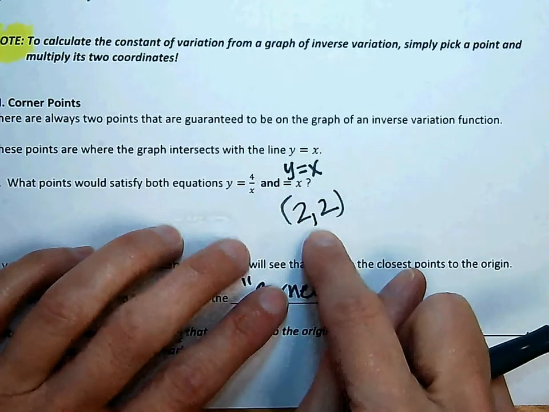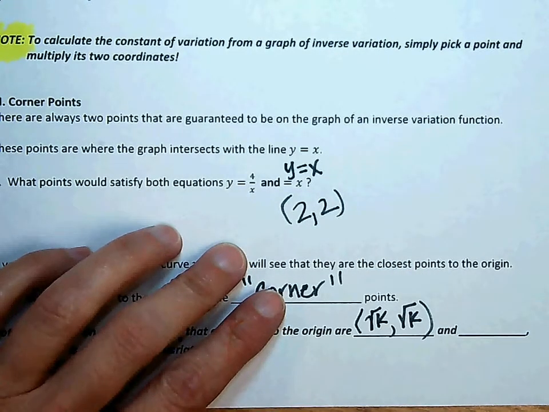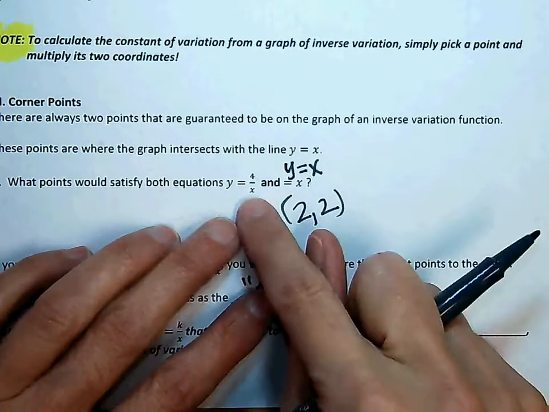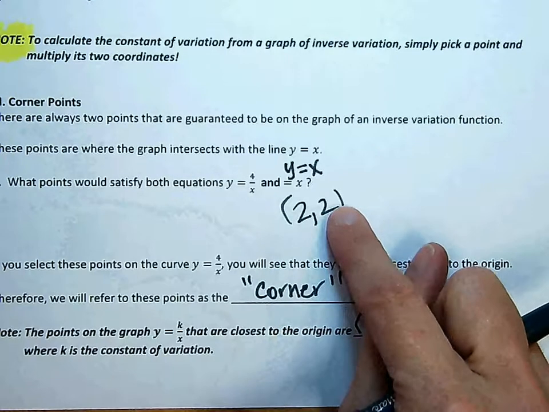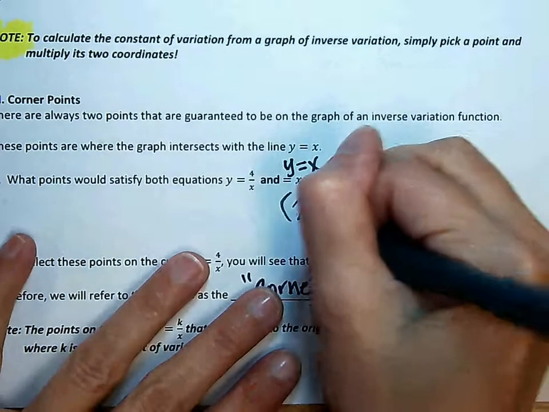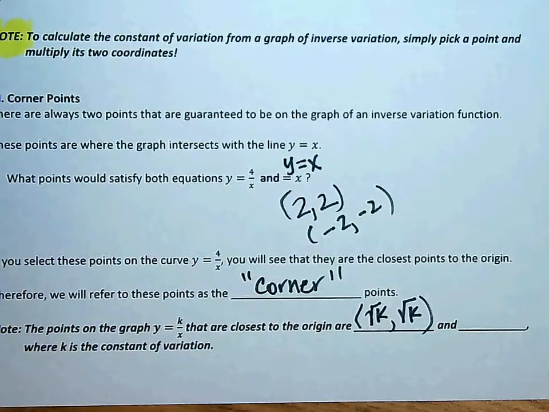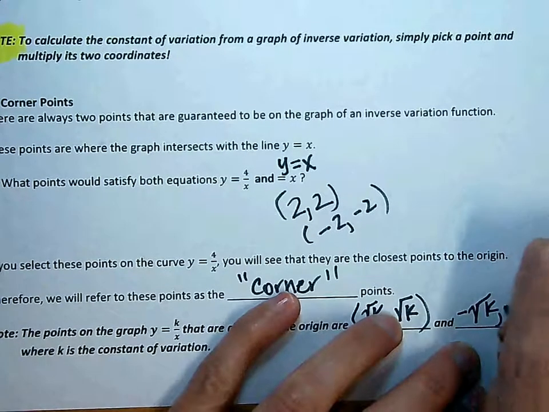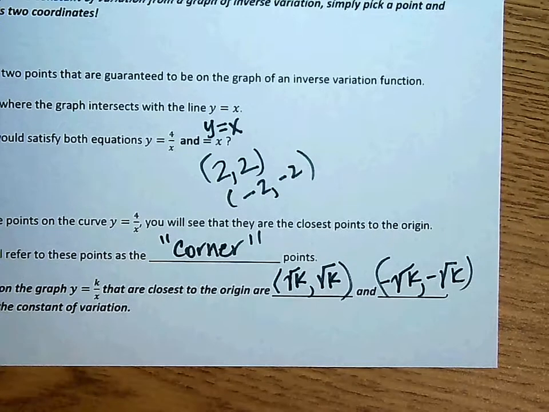What is my other corner point going to be? Look at where it is down there. We're pretending it's this graph, so this is 2, 2, but what about in that quadrant? It is going to be -2, -2, because it's in quadrant 3. So you can look at the negative square root of k and negative square root of k. And that's going to give you that other corner point.